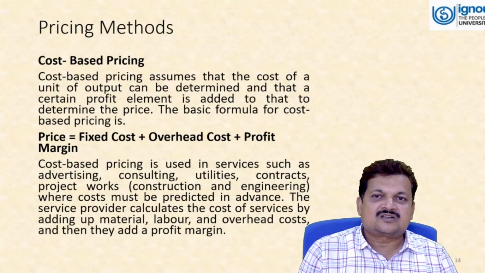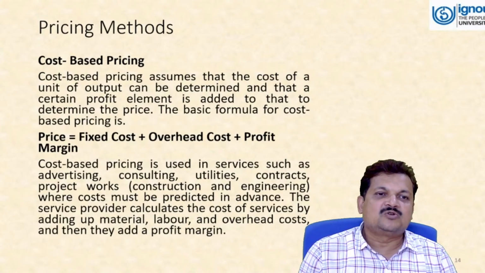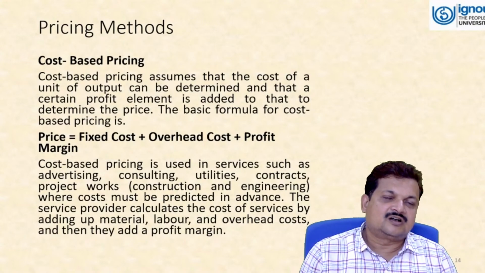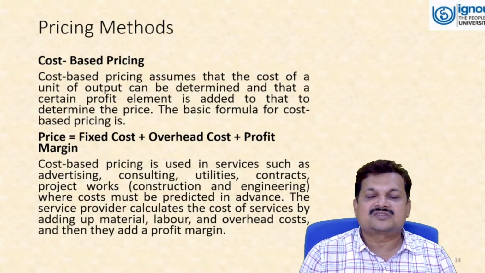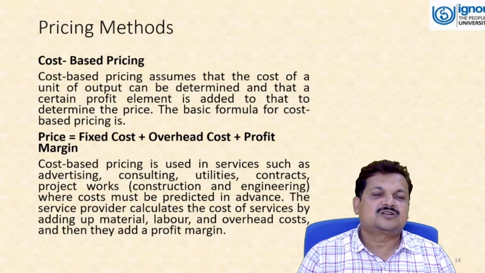Cost-based pricing assumes that the cost of a unit of output can be determined and that a certain profit element is added to it to determine the price and risk. So to know the price structure of each individual product, you take the total fixed cost of the company plus total variable cost plus total marketing cost plus the total profit you want to generate from this quantity of products, divided by the quantity of product you produced.